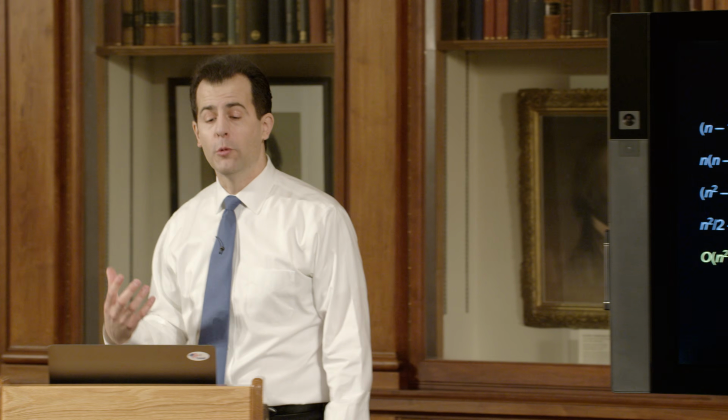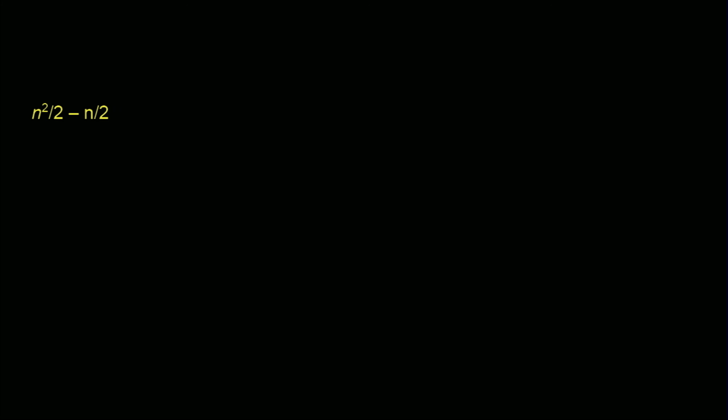Now, this is not a formal proof, but rather a proof by example, if you will. But let's see if I can't convince you with a single example numerically of the impact of that square. Well, if we start again with n squared over 2 minus n over 2 and say n is maybe 1 million initially. So not 8 cups, not 1,000 pages in a book, but 1 million numbers or any other element itself.